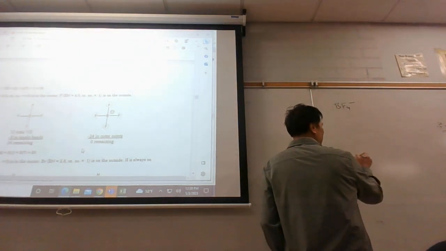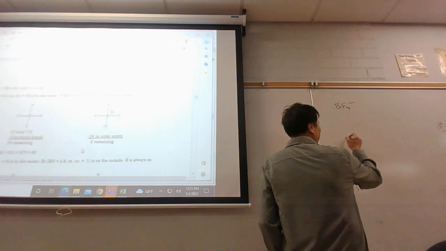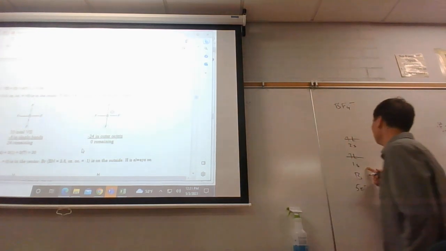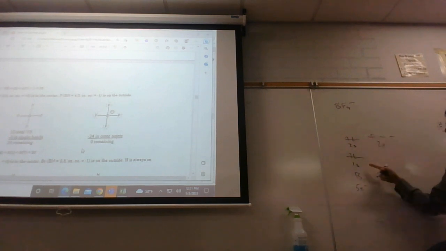The first electron is going to go in there, 1s. And then the next electron will go in the 2s. That takes up 2. And then 1 more electron is going to go into the 2p. Okay, in this configuration, how many bonds can boron make? Only 1.